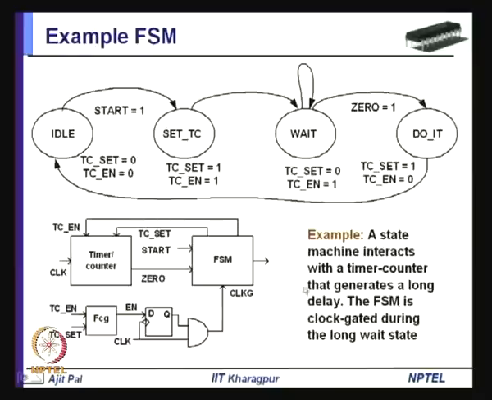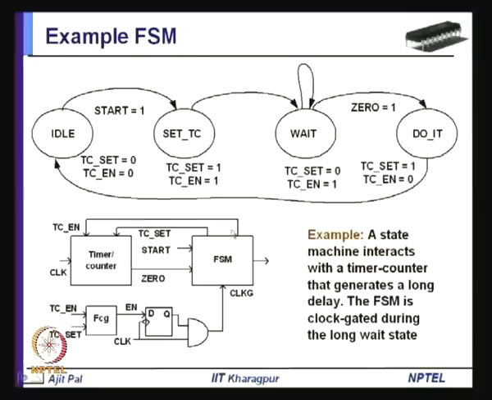So, in this example, a state machine interacts with a timer counter that generates a long delay. So, this timer counter is essentially generating a long delay, that is the countdown period, and the FSM is clock gated during these long wait cycles.